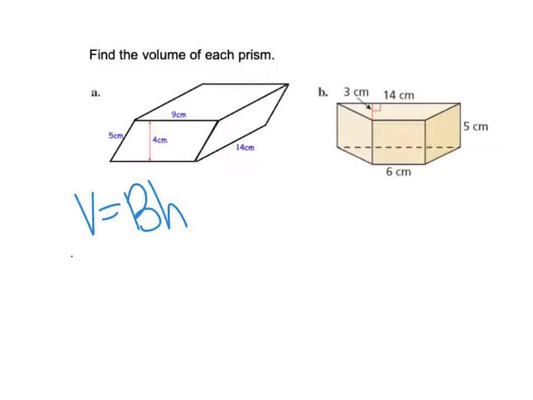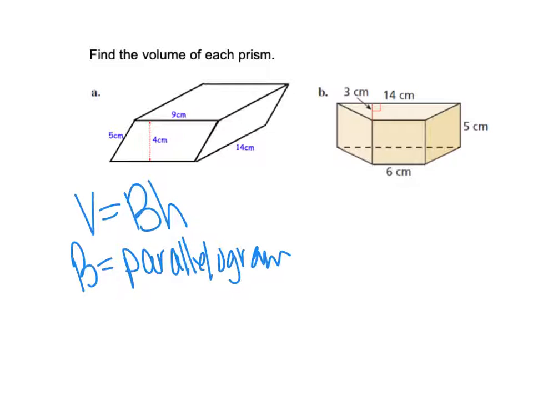Okay, our base is a parallelogram. Our base is going to be this front, the way I see it, and it's not all marked, but if we had the back here, that would be the other base of it. So the area of our base is the base of the parallelogram times the height of the parallelogram.